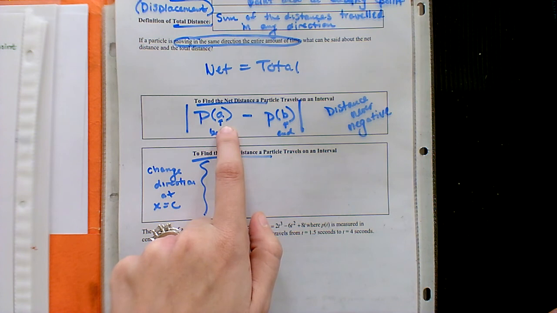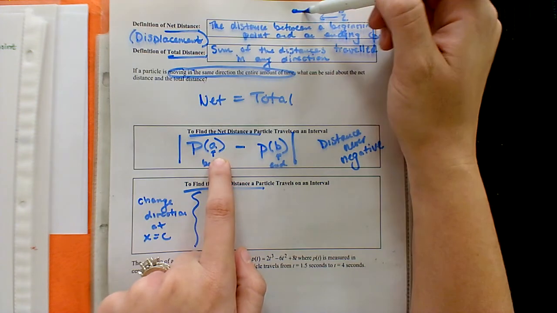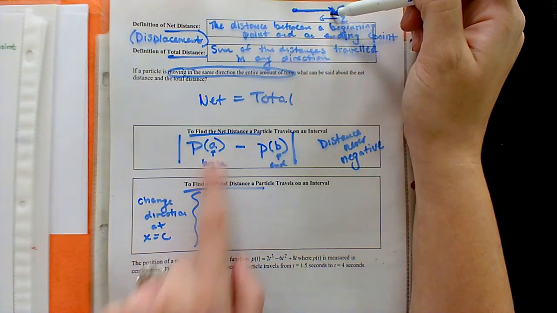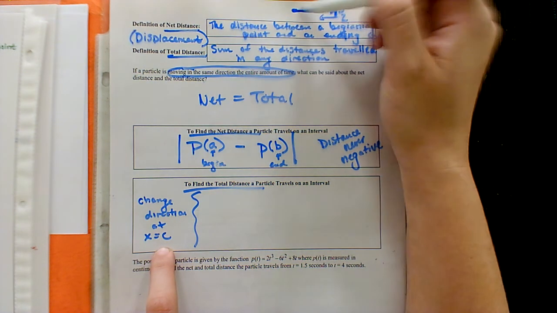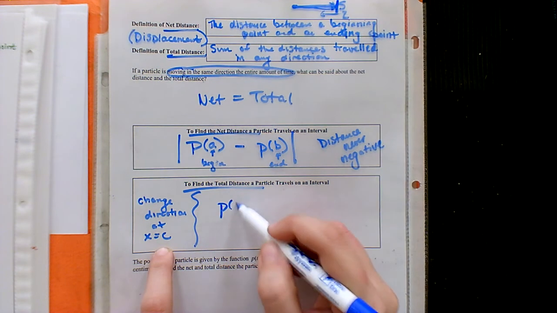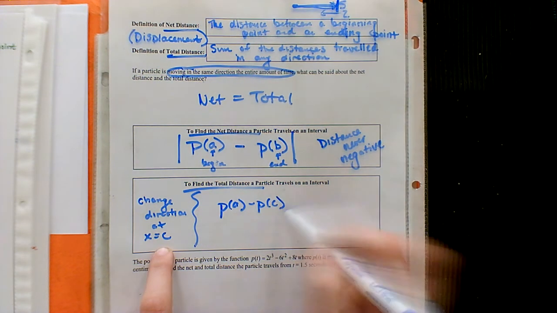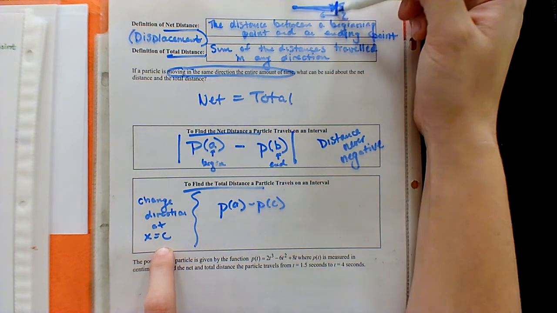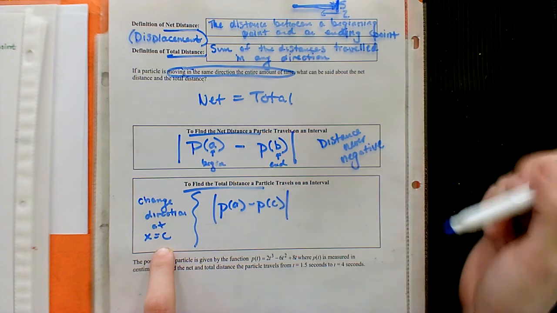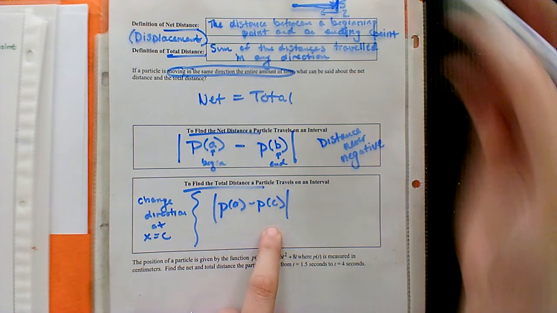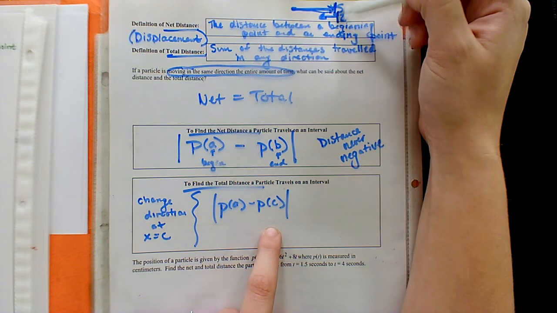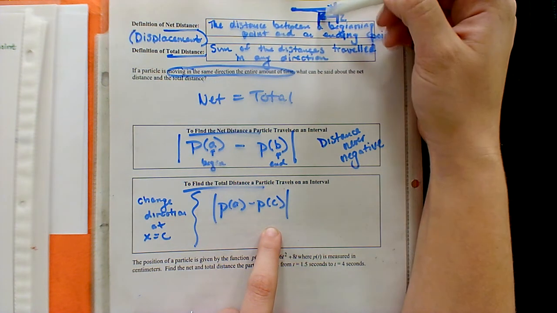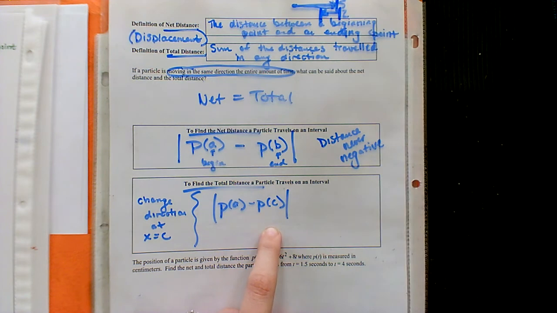You start at A, maybe we're moving to the right, and then eventually I change direction. So I'm going to have to stop a calculation at this value. I'm going to have to figure out how far this was. So I'm going to need P of A minus P of C, okay, where we stop or change direction. So I got to figure out that distance. And then if I change direction, I got to figure out how far I go the other way. So in this case, that would be P of C and P of D, where I end my movement.